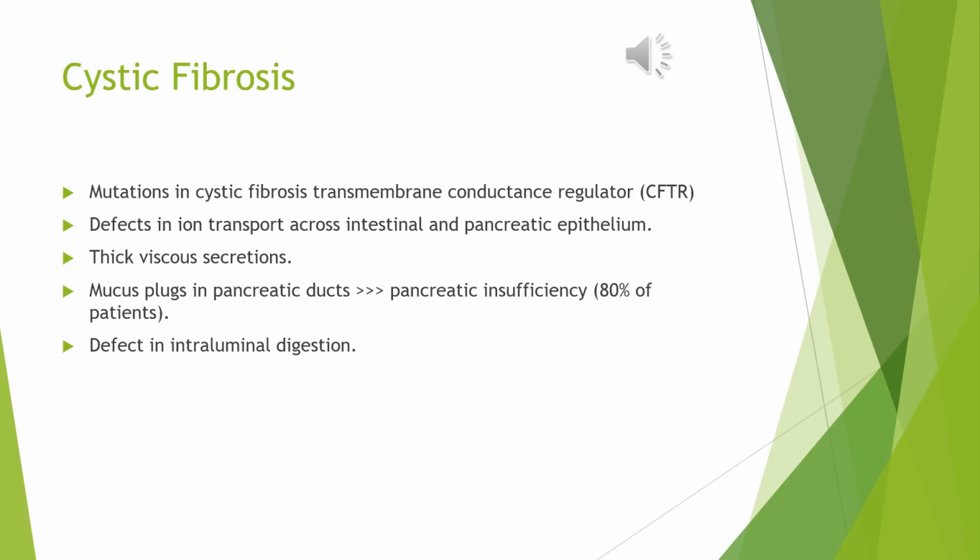deficiency. Cystic fibrosis is one of the diseases that cause malabsorptive diarrhea. Cystic fibrosis is a multi-organ system disease with a genetic basis. So the disease affects the lungs, the pancreas, and the intestines. And the main genetic defect is in the CFTR, which is called the cystic fibrosis transmembrane conductance regulator. Mutations in this gene can result in a defect in the ion transport across the epithelium of the intestine and across the pancreatic epithelial ductal cells.